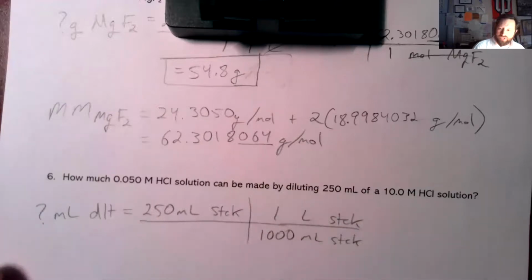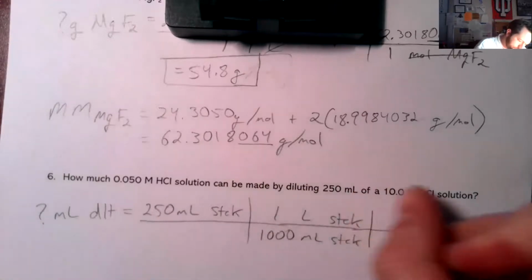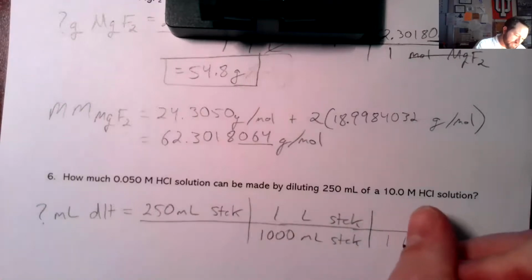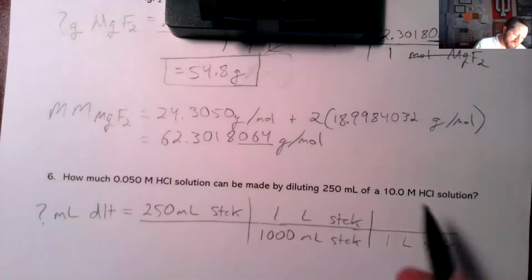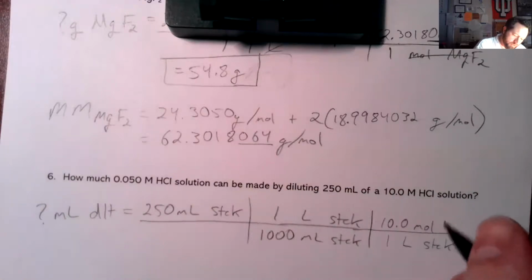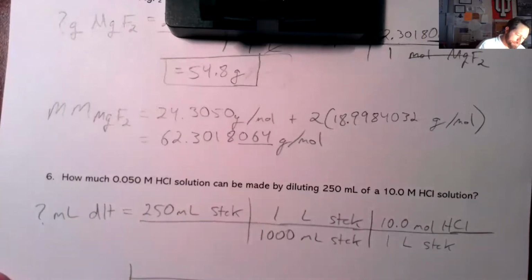We're working with moles. I know that's going to be in liters. Now I can say in 1 liter of stock, I have 10 moles HCl. And that's my stock concentration.